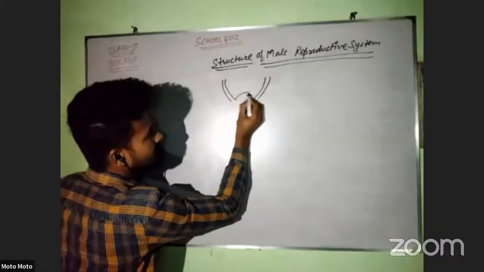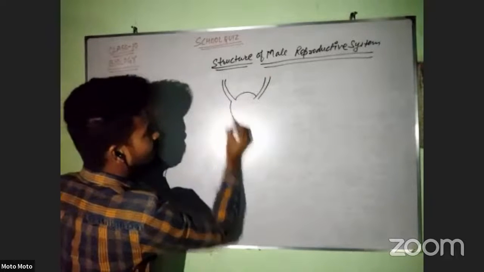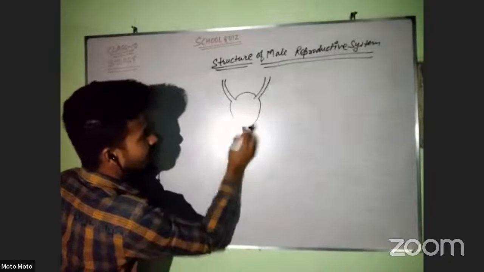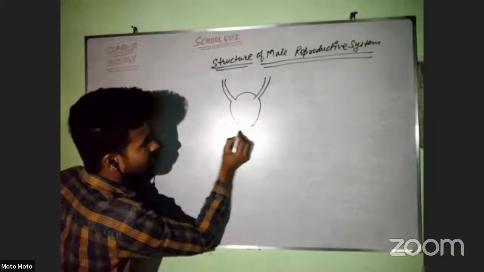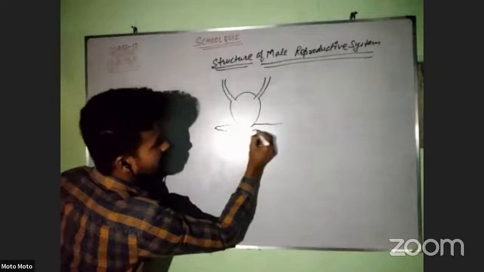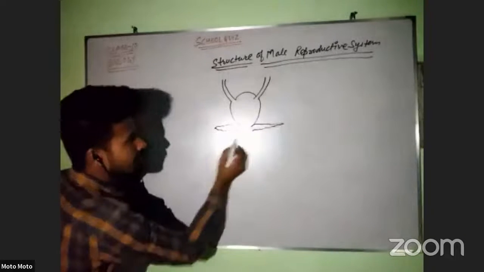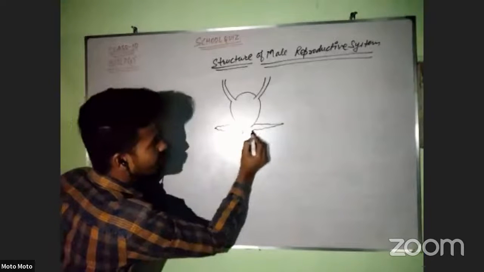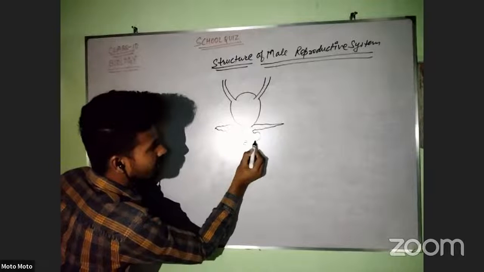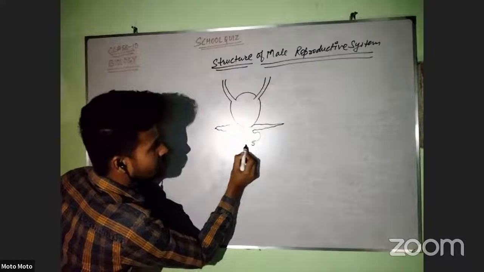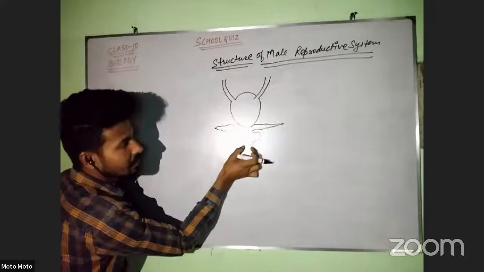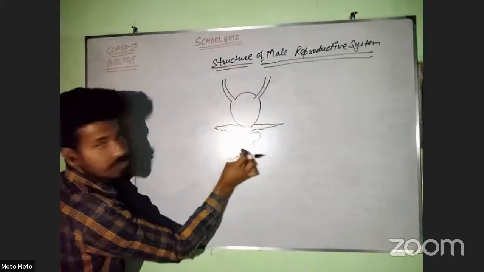Then we will make the urinary bladder, and this then shifts downward, forming the seminal vesicles, and then the prostate gland, and this prostate gland is joined by small glands, the bulbourethral glands.